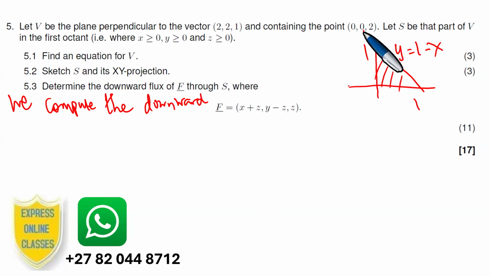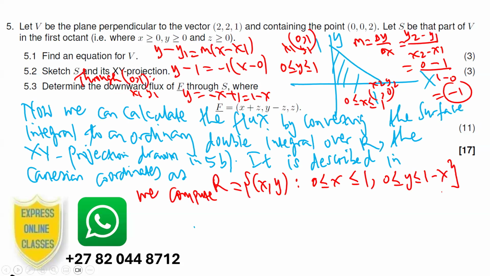Concerning the y interval, you said 0 is less than y, and is less than 1 minus x squared instead of x. Where? Which one? There, where you said 0 is less than y is less than 1 minus x squared.